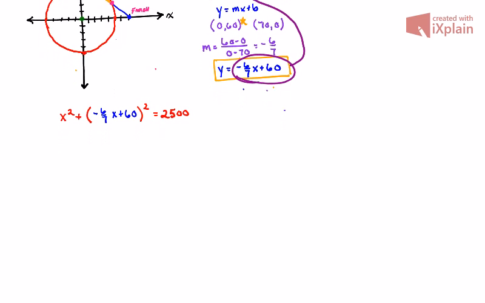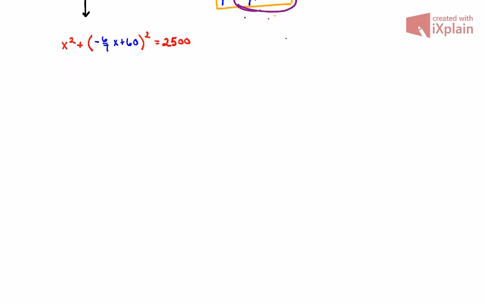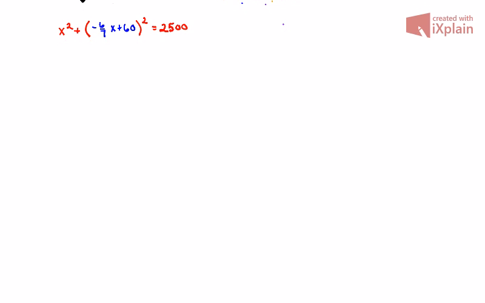Let's move this up so we have a little more space to work with. One other thing you're probably going to want to do, probably on a separate sheet of paper, is an aside. We want to do that because this -6/7 x plus 60 that we're going to square is not going to be nice and clean and pretty.